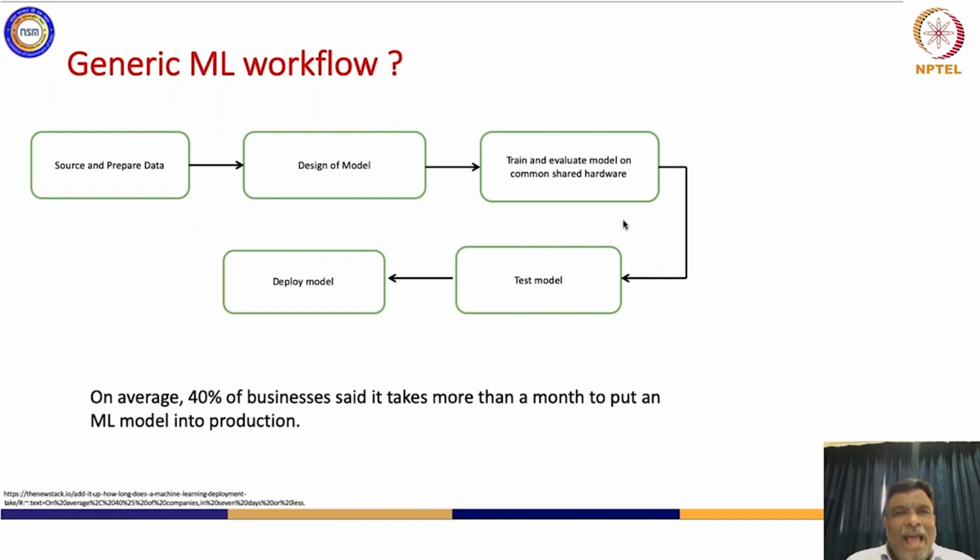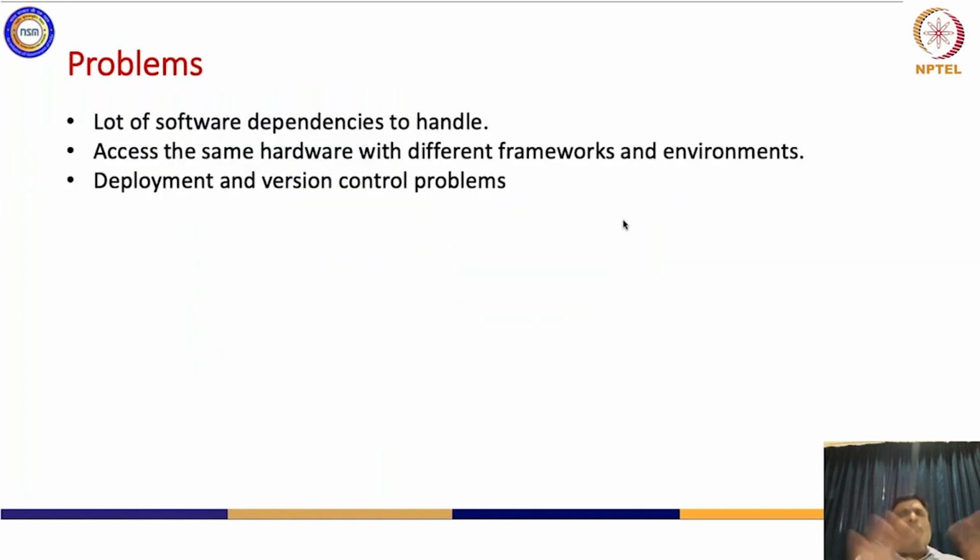If this is the scenario, how are we going to optimize our delivery such that we put in less effort to put any ML model which we have designed into production? So what are the problems in such a scenario?